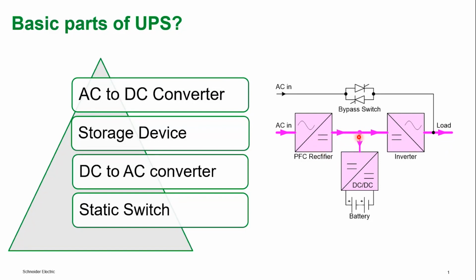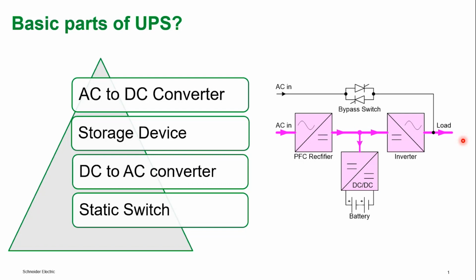After the DC starts charging the batteries, the battery holds the charge, and whenever there is a power cut, the battery starts providing power to the inverter section. Why do we need an inverter section? It's an electronic component which converts direct current to alternating current. The load means whatever equipment we connect at the output of the UPS, whether a server, a computer, or any machine, and they all require alternating power supply for their operation.